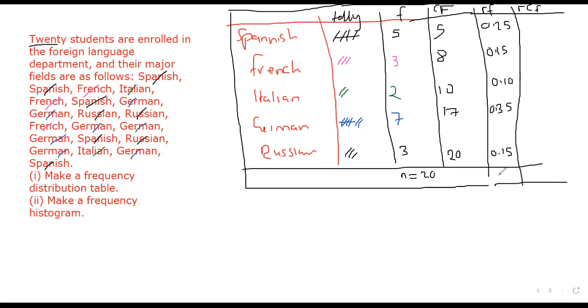You total this up, should give you 1. So this is also called the probability distribution table. This is called the relative frequency table.